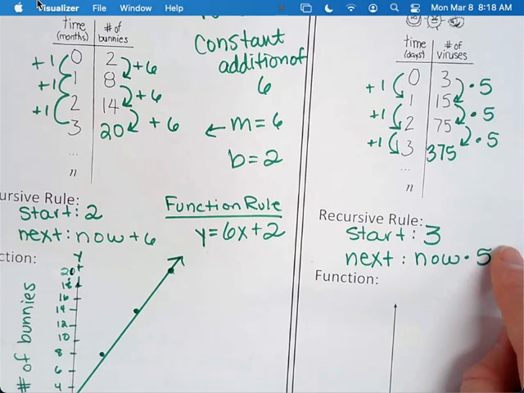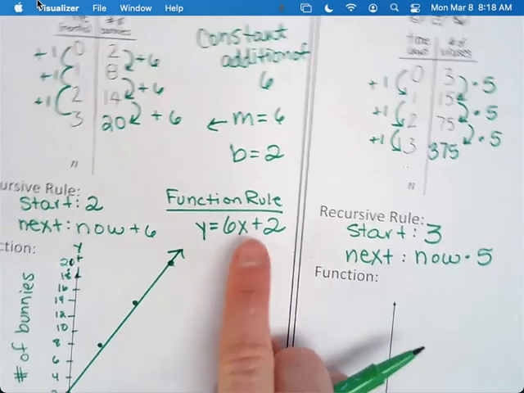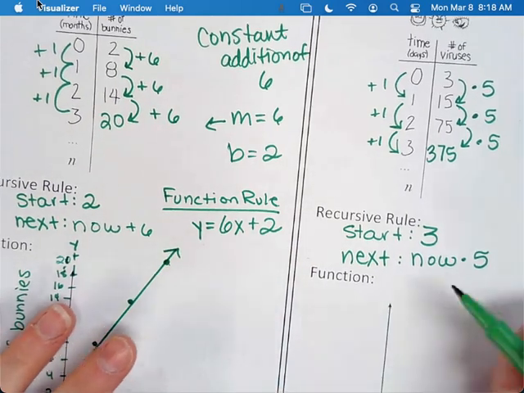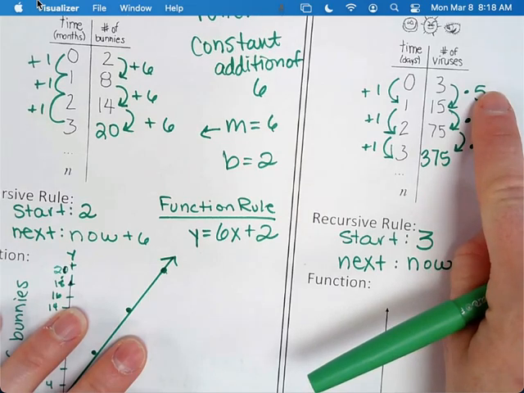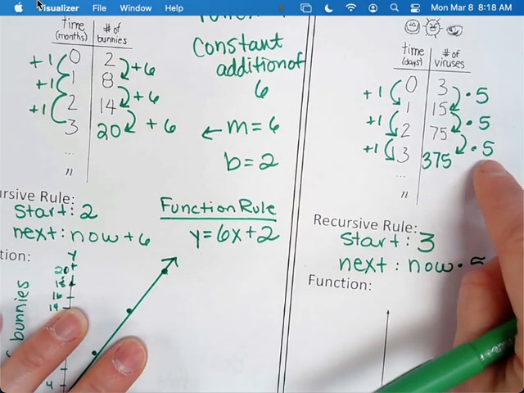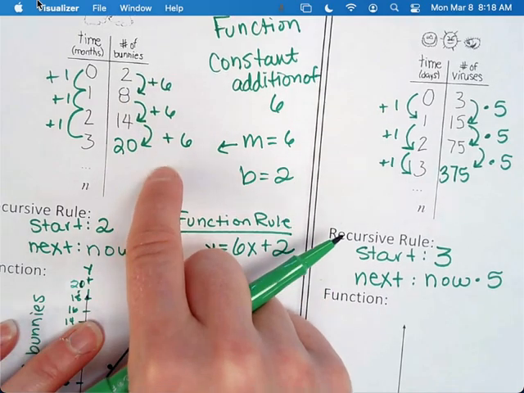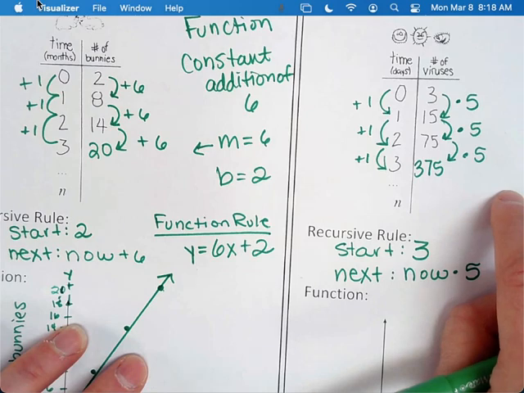If you're multiplying something times 5 every single time, that's a lot faster than just adding 6 every time. I always like to think about it as money. If I start out with money and my parents want to times it by 5 every week or every month, compared to just adding $6 to my account, whoa, I would want this one so much more, times 5.